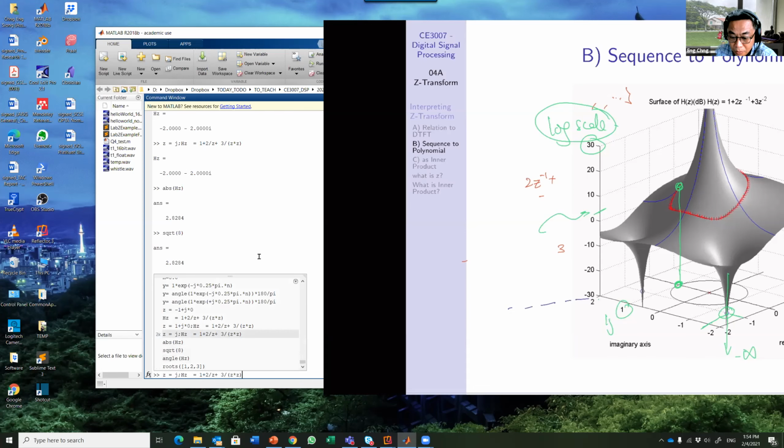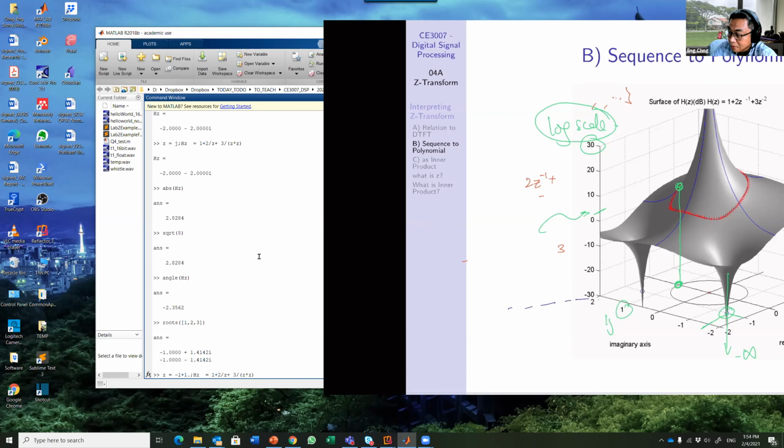So I'm going to do z equals minus 1 plus 1 point, in fact minus 1 point minus j times 1.414. So it's, wow, a very, very small number. In fact, if I do square root of 2, it will be infinity.